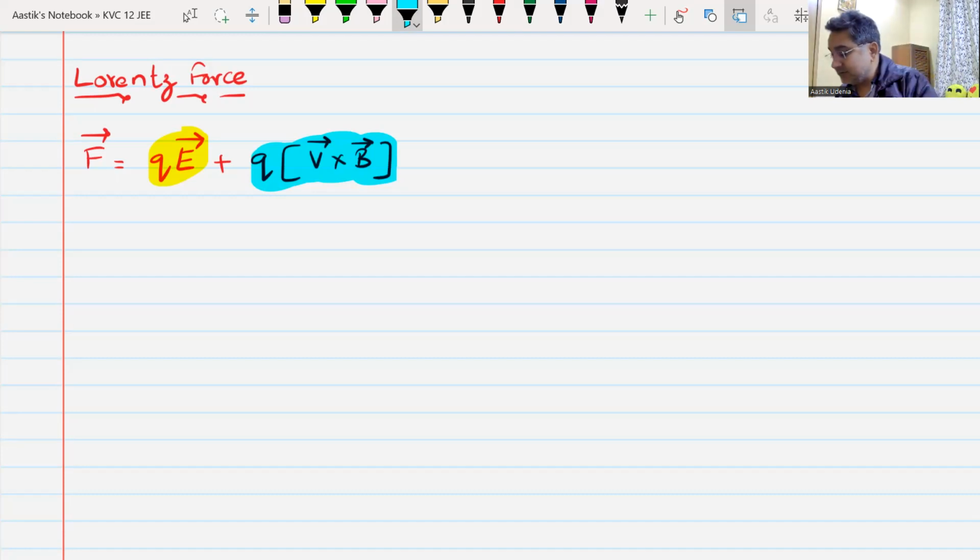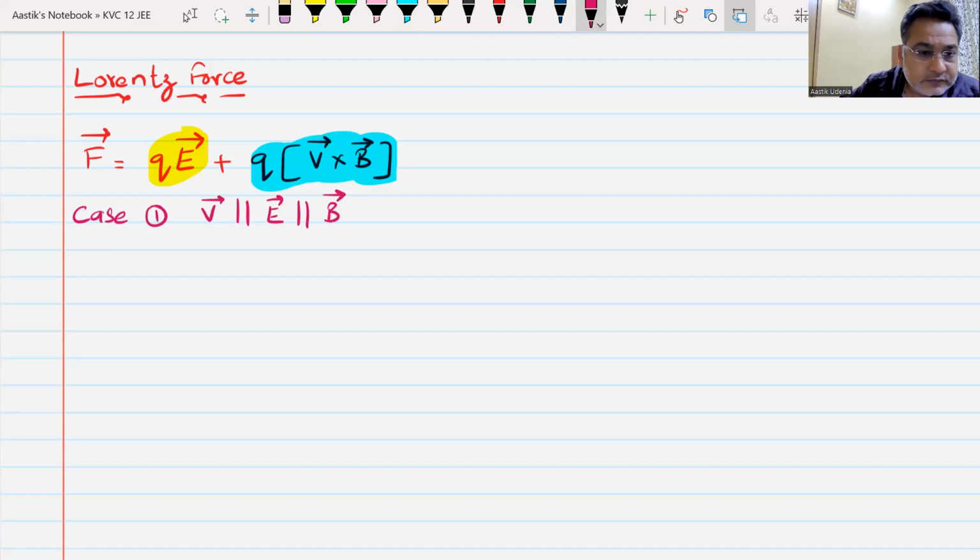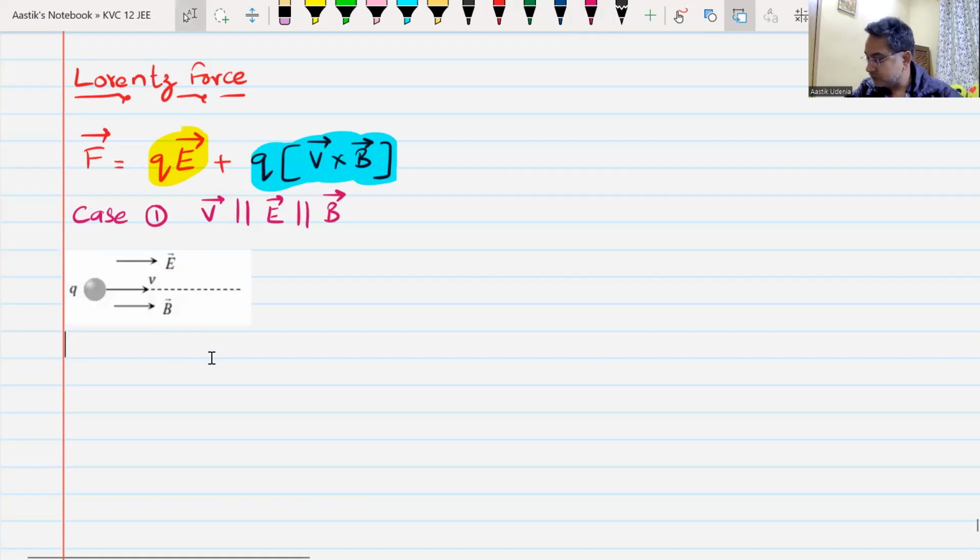Case number 1. V is parallel to E is parallel to B. All the three are together, something like this.